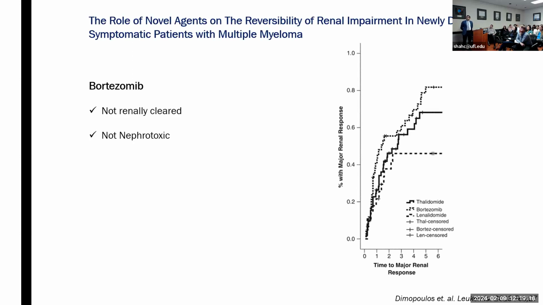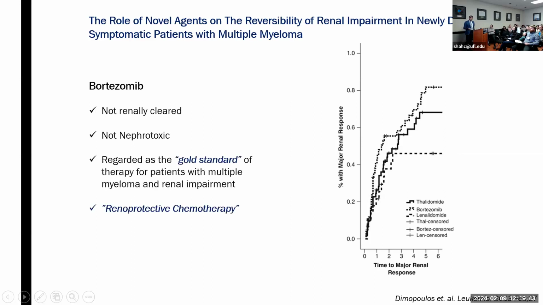This was a very nice summary in 2013, where these investigators collected retrospective data of patients who received different regimens, compared the renal outcomes, and demonstrated that patients who received a bortezomib-based chemotherapy regimen had much better renal outcomes than any other regimen that did not contain bortezomib.